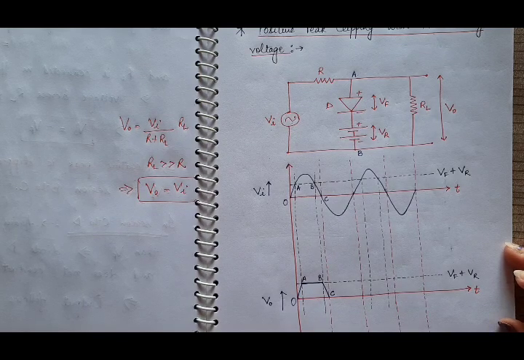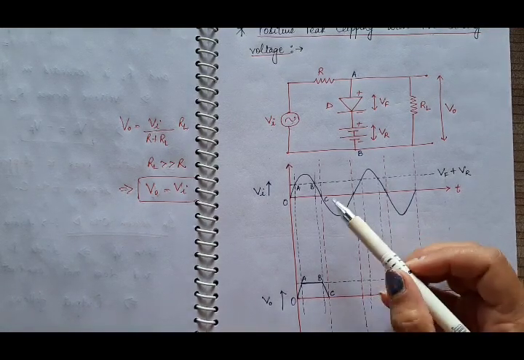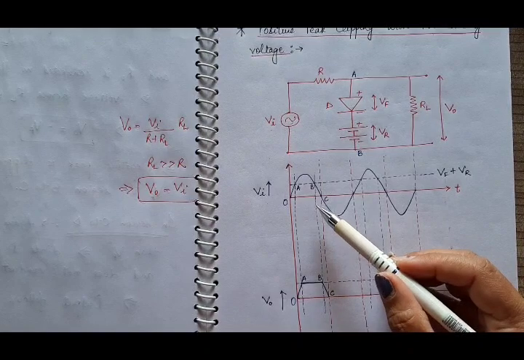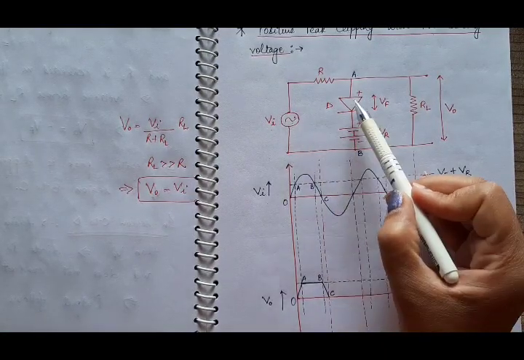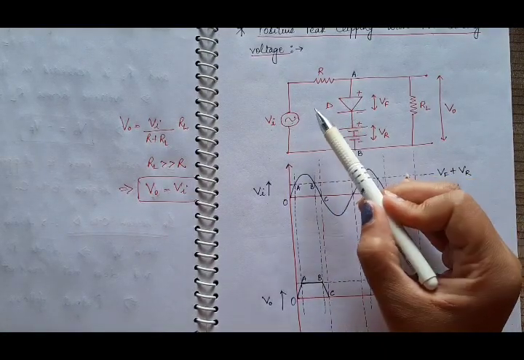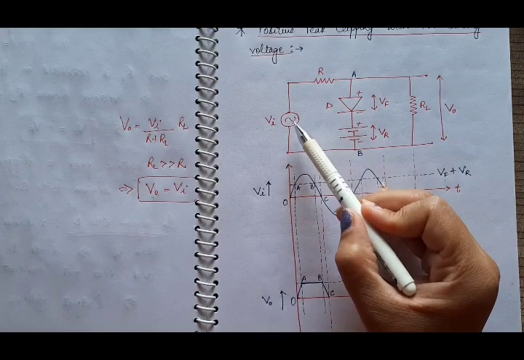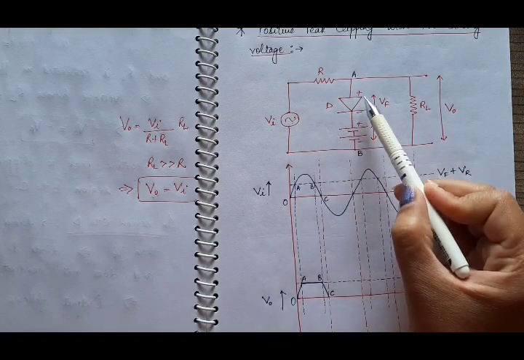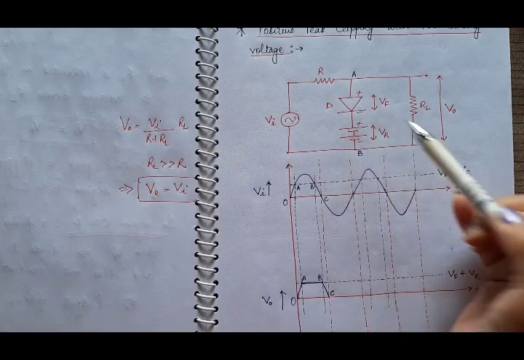Next, during the negative half cycle, negative voltage will be supplied to P of the diode.